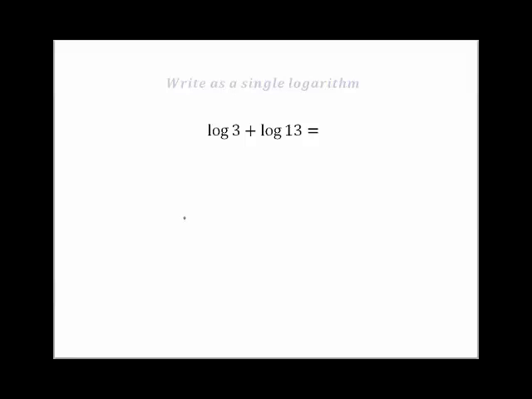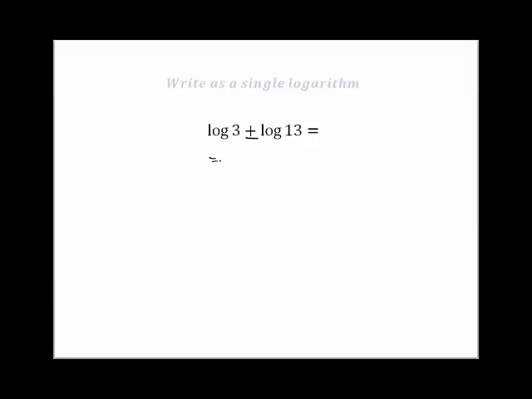Okay, hopefully you didn't have too much trouble with that. We want to go the reverse direction. Here we want to write them as a single logarithm. So we've got log of 3 plus the log of 13.